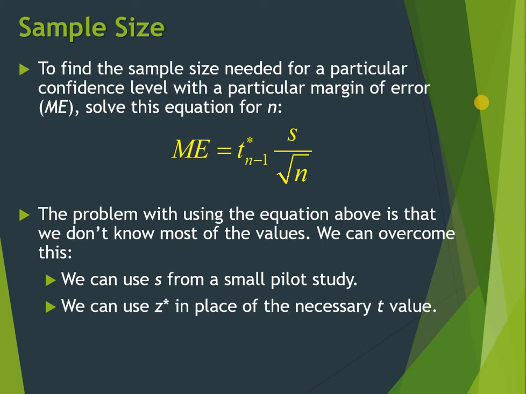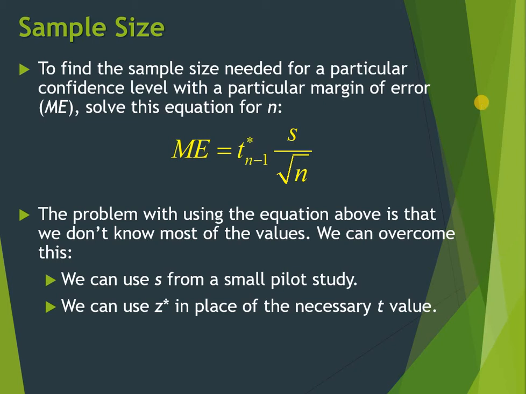Now, the place where this gets difficult is in order to solve for n, we actually need n. Do you see that? N does not just affect this problem in one place. N affects it here and here.